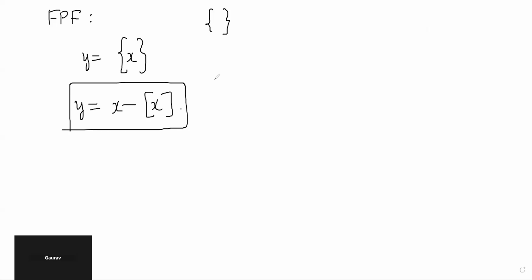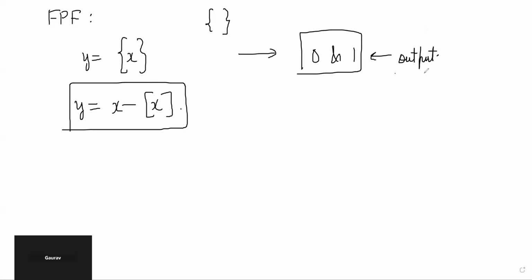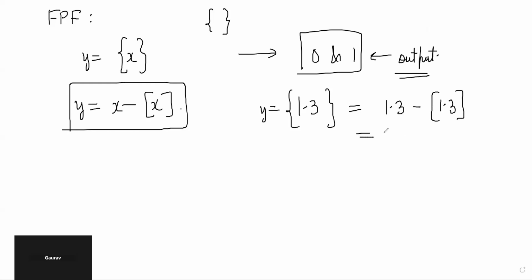You can prove that it will always lie between 0 and 1. The output of the fractional part function is always between 0 and 1. For example, for 1.3, the fractional part will be 1.3 minus GIF of 1.3, which is 1.3 minus 1, which is 0.3, right?